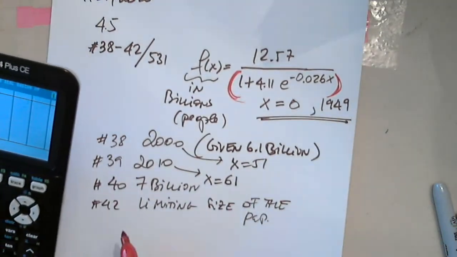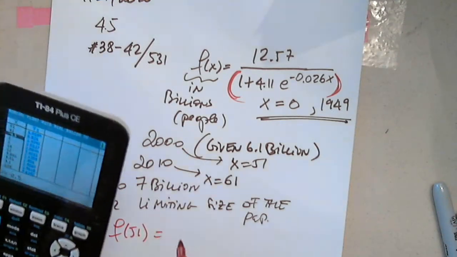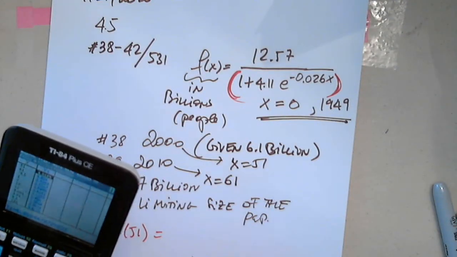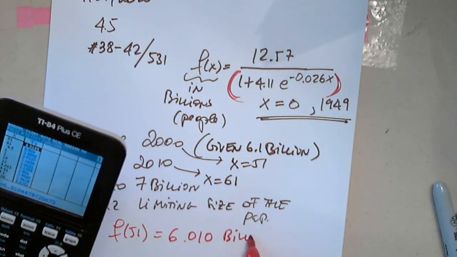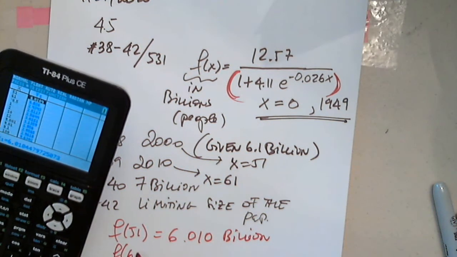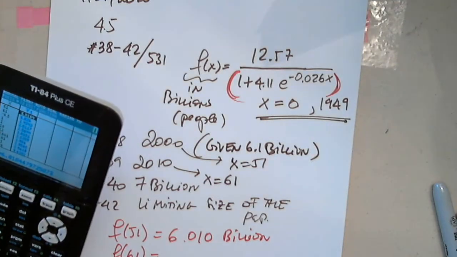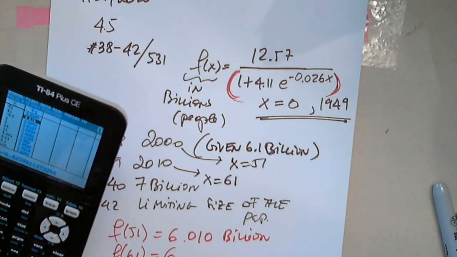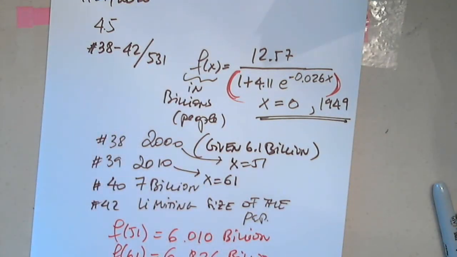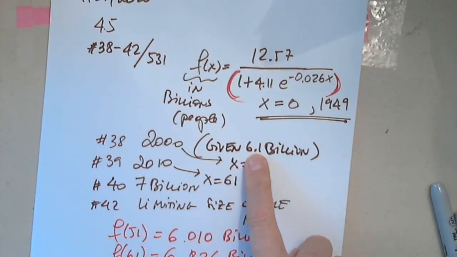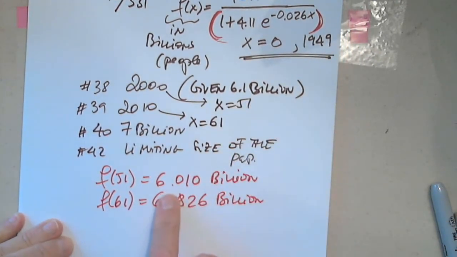So f of 51, I got 6.010 billion. And f of 61, I got 6.826 billion people. They're asking us to compare the 6.1, the actual, to what we found with the graphing calculator.